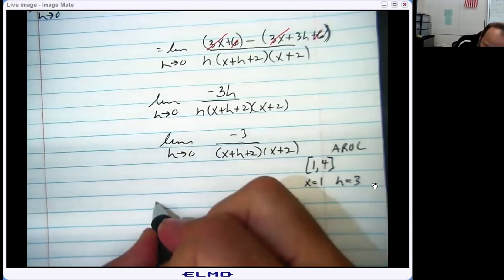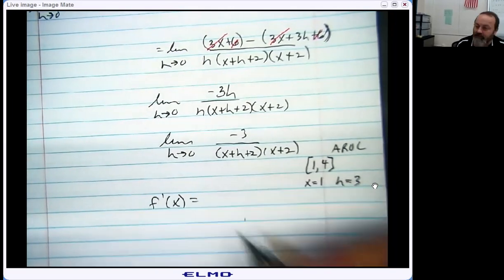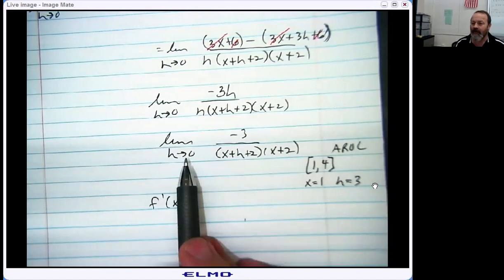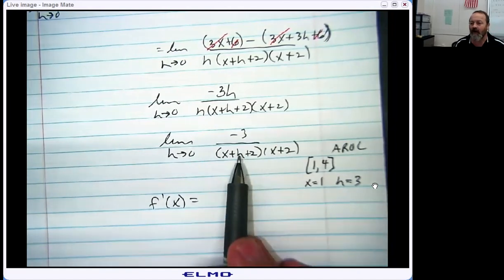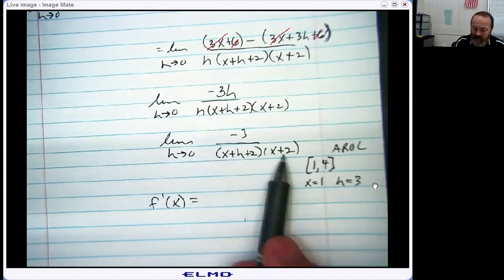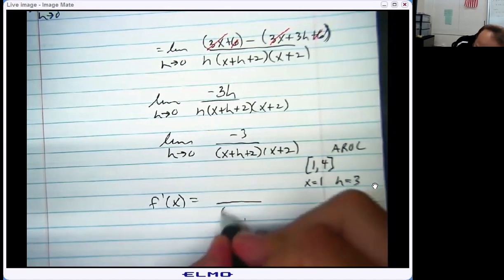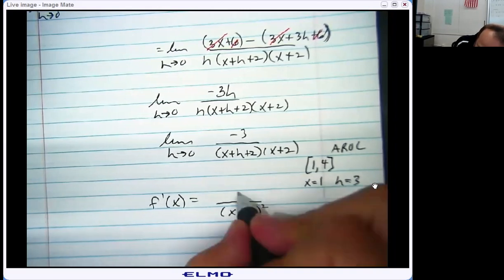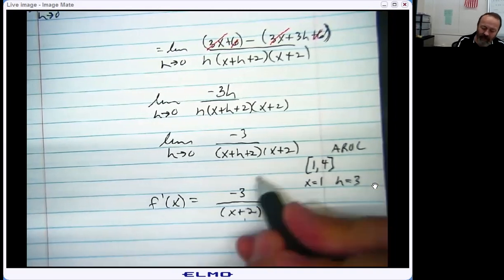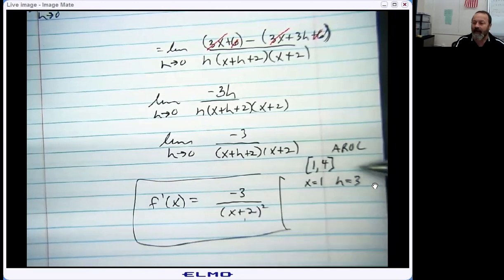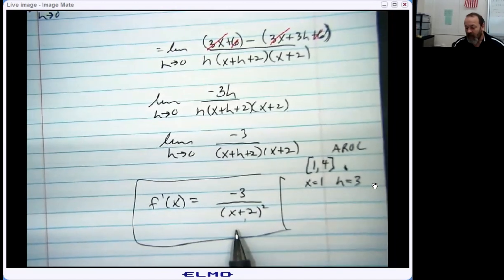However, if I wanted to find the instantaneous rate of change, all I have to do is carefully approach this as h goes to 0. And if h goes to 0, I just have x plus 2 times x plus 2, which is, of course, x plus 2 squared with a minus 3 on top. Now, again, that would not tell me the average over an interval, but it could tell me the perfect slope at any time. And one thing that I notice about this thing is this entity in the bottom will always be a positive answer.